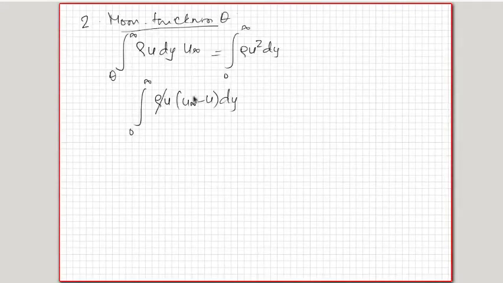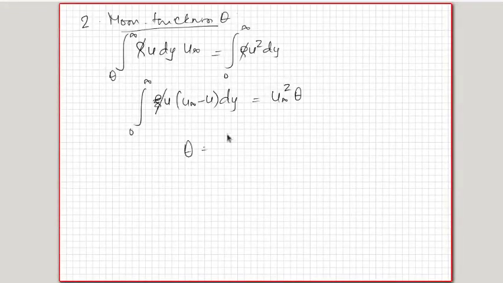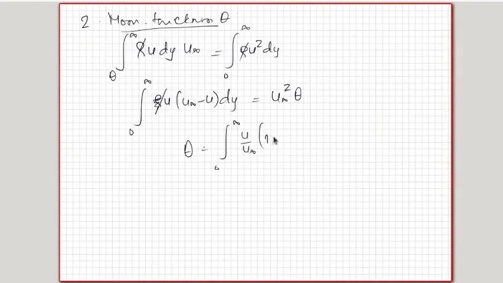Now the rho can be cancelled out in both of these. This should be equal to u infinity squared into theta, which is the thing that you define. So if you take the u infinity down here, theta will be defined as the integral from 0 to infinity of u by u infinity multiplied by 1 minus u by u infinity, dy.